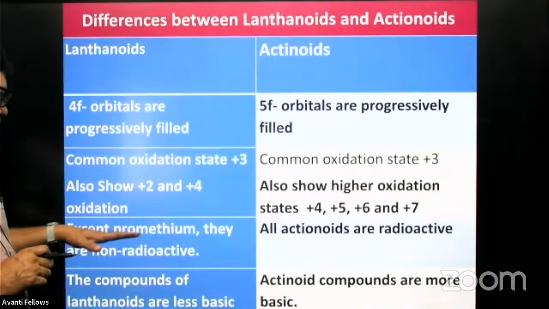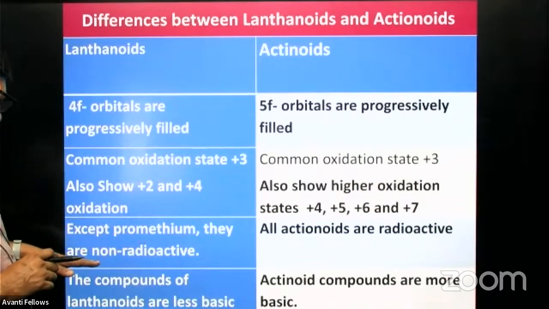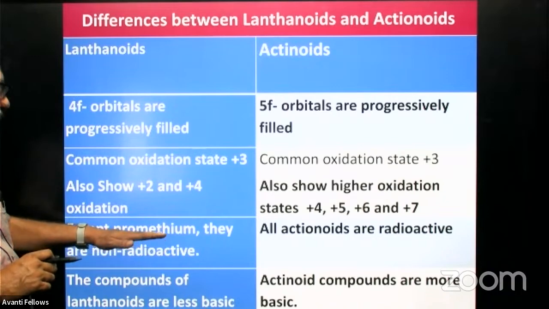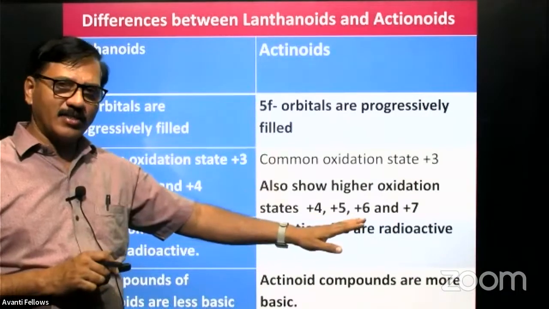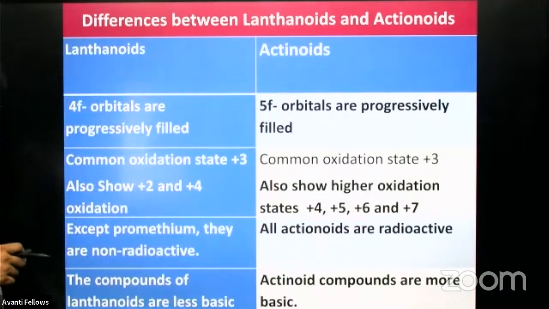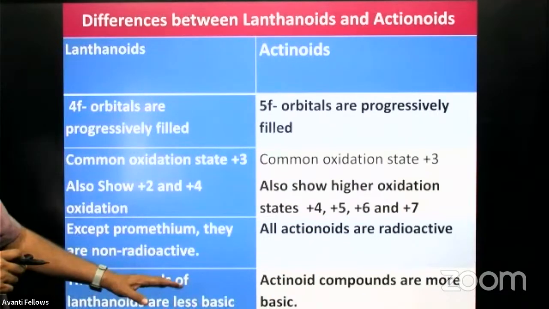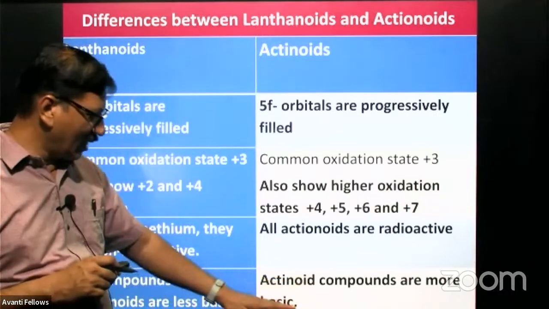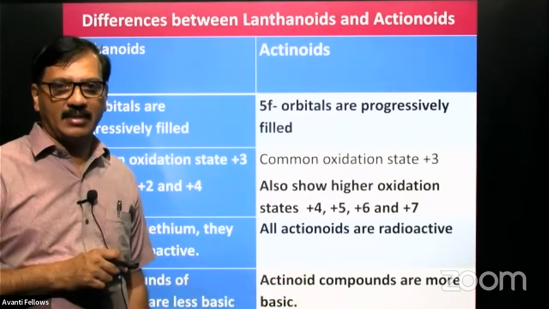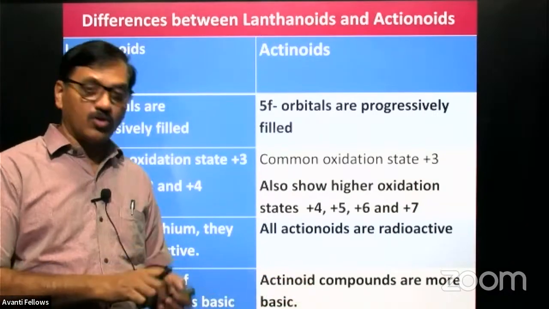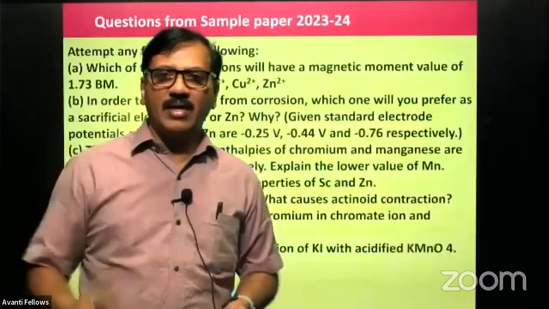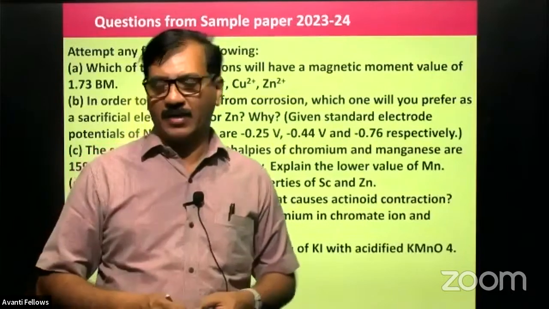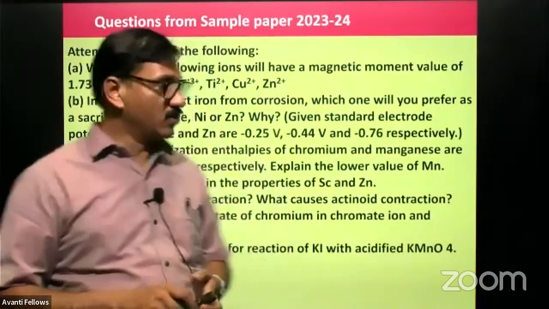Except promethium, lanthanoids are non-radioactive; only promethium is radioactive. But all actinoids are radioactive. The compounds of lanthanoids are less basic, and actinoid compounds are more basic. Actinoids are more strongly metallic, and they show more ability to form complexes.